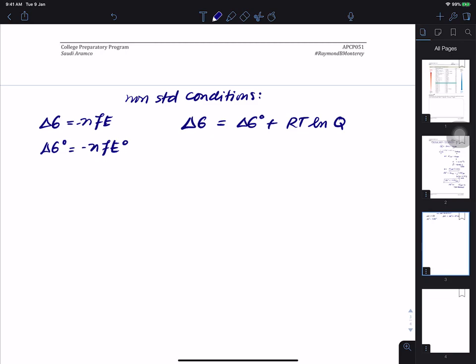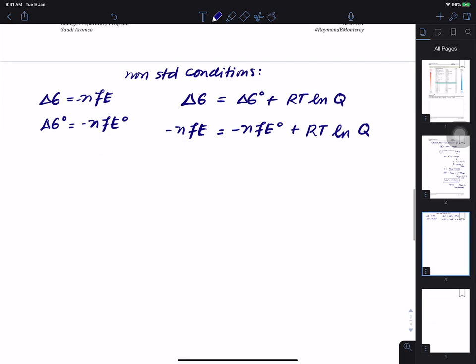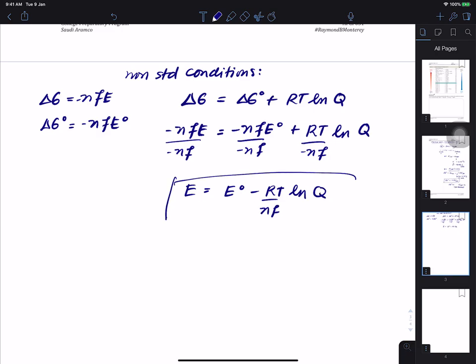So if we substitute that here, we'll end up with saying negative NFE is equal to negative NFE naught plus RT ln of Q. So if we simplify this, dividing all the terms by negative NF, we will end up with what is known as the Nernst equation: E equals E naught minus RT over NF, ln of Q.